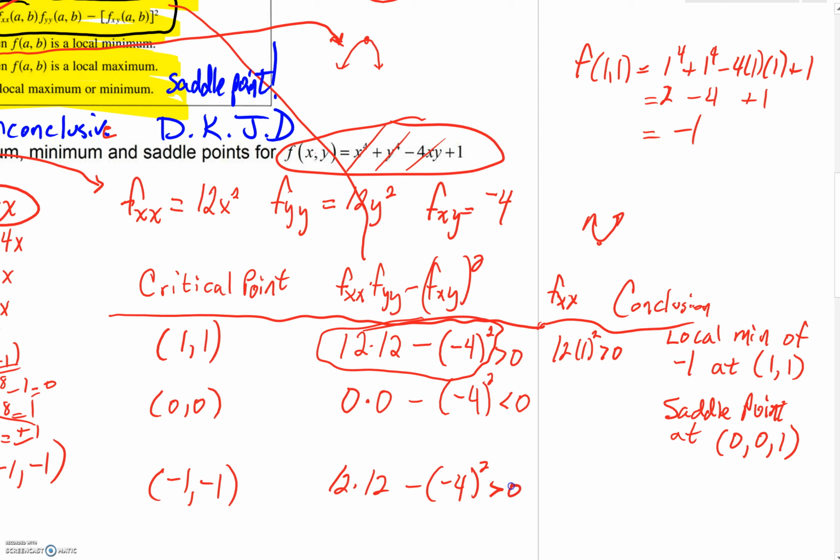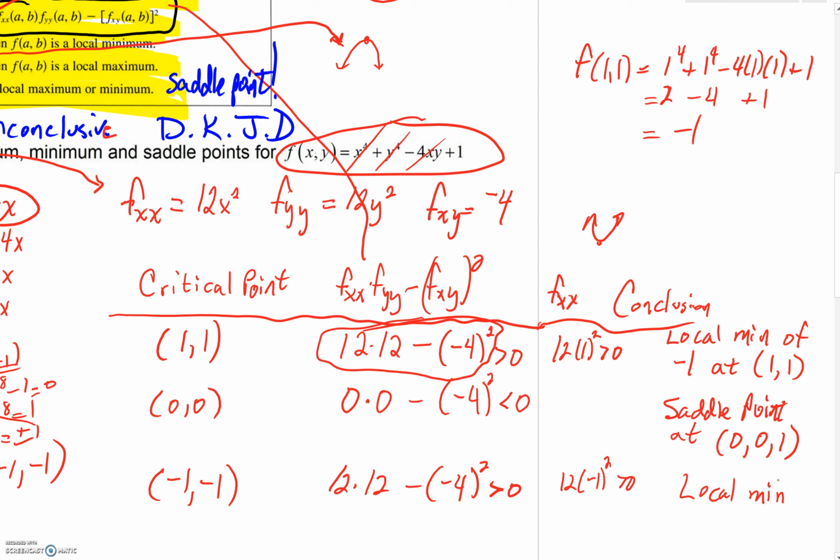You don't even have to work that out exactly. That's positive. But then look at the sign of f_xx. 12 times negative 1 squared. Negative 1 squared is positive. This is positive. This is going to be a local min, just like our first step here.